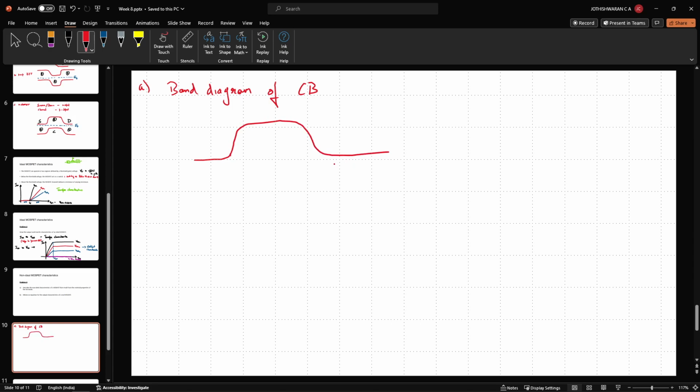And then it's going to follow. Now what we will see is as VG increases, like if I have a PN junction, if a positive voltage is applied to the P side and the negative voltage is applied to the N side, then this energy barrier will become smaller and smaller.